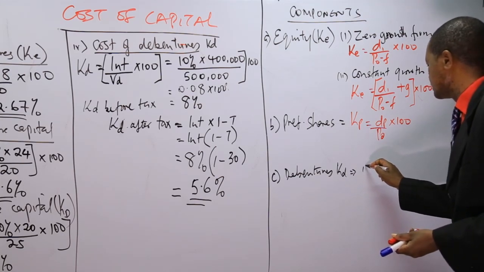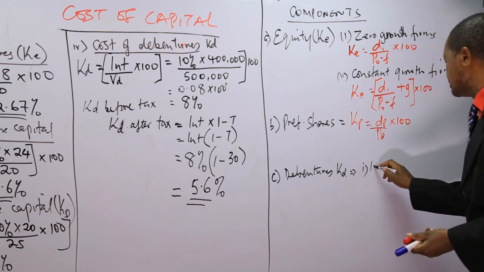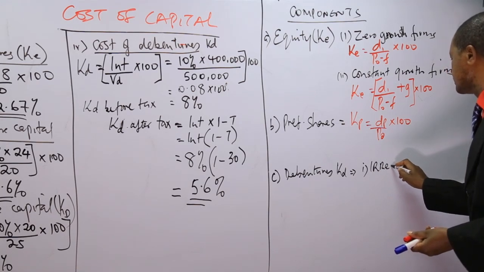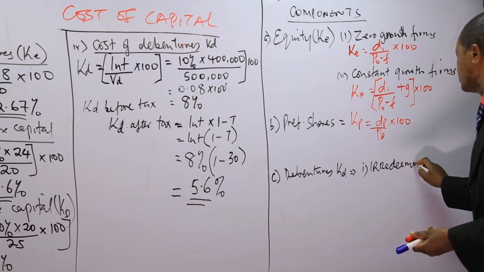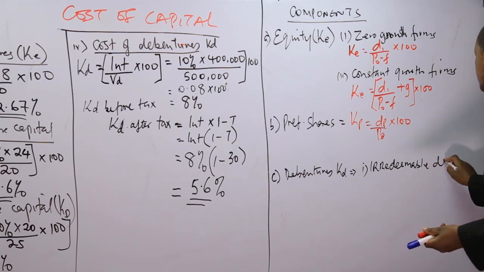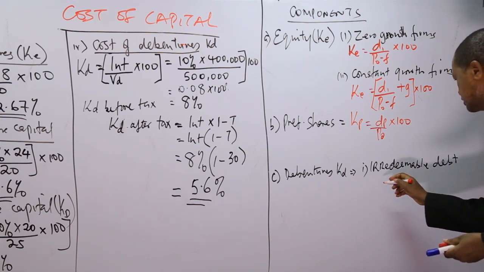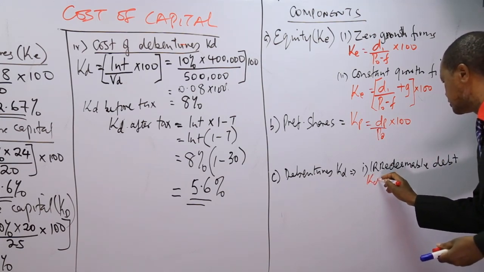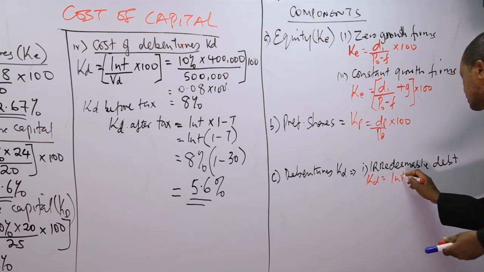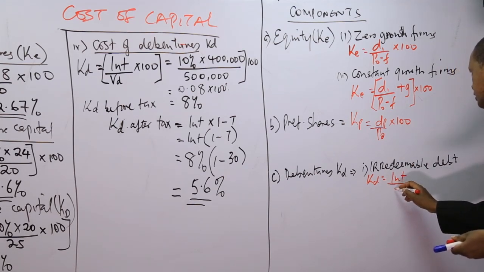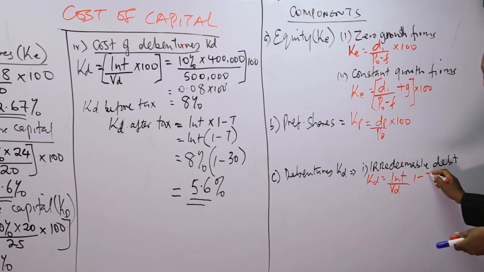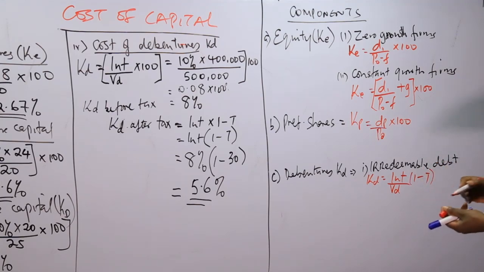Number one, irredeemable debentures. The formula for irredeemable debentures is KD is equal to interest over VD times 1 minus T. That's how you determine the formula.